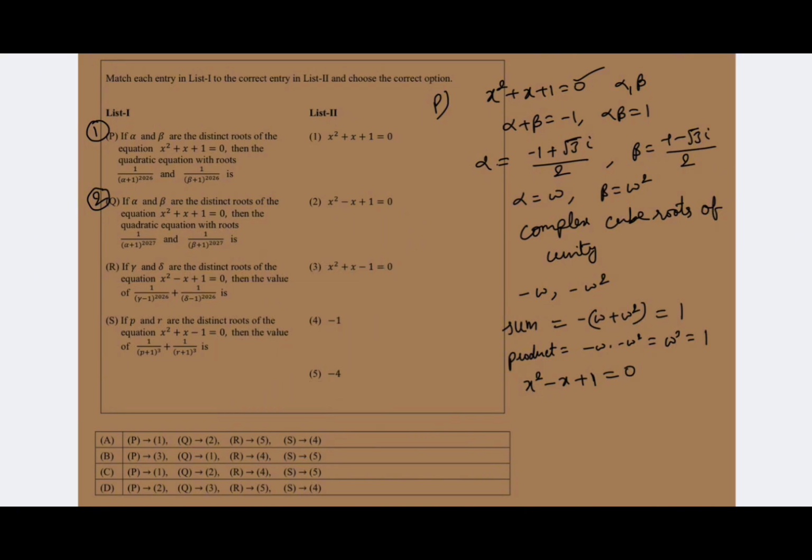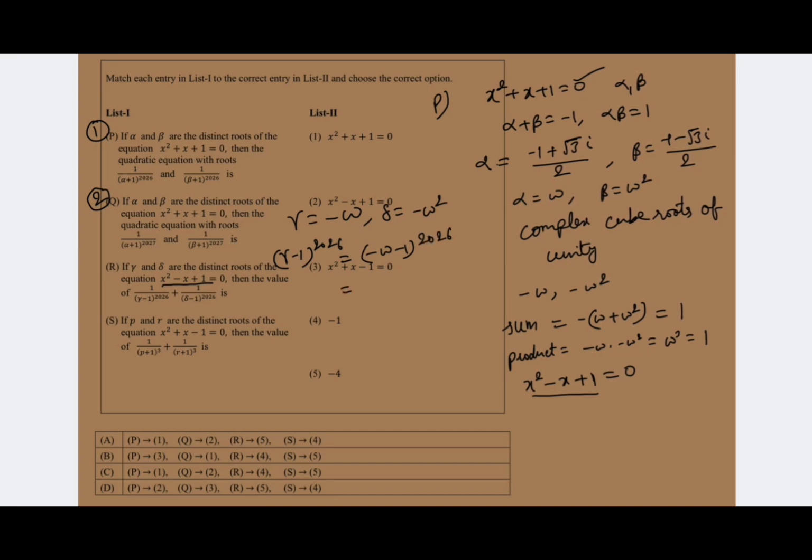Let's move on to R. In R, we are given this quadratic equation which we have just found. And therefore, our gamma we can assume as minus omega, and delta we can assume as minus omega square. And we can calculate similarly again here. So we have to calculate gamma minus 1 to the power 2026, which is nothing but minus omega minus 1 to the power 2026.